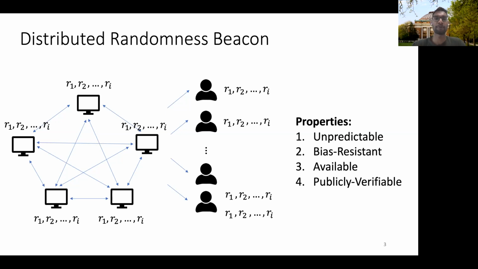That's an additional property, because in many of these applications, nodes perform some task depending upon the random string, and they sometimes want to convince others, clients which are not part of the core network, that yes, these tasks were indeed done according to some fresh random string. And that is the notion of public verifiability. And we want any randomness beacon to satisfy at least these 4 properties.